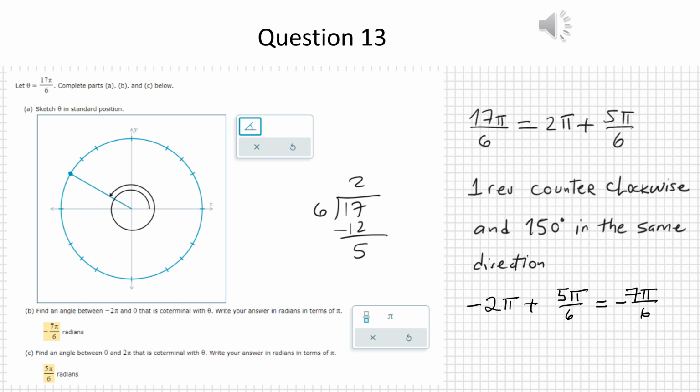Okay, it's easy sketching. Now, the coterminal. The positive coterminal is obviously 5 pi over 6. And the negative coterminal is subtracting 2 pi minus 5 pi over 6, which is 7 pi over 6, of course with the negative sign, because in this case it would be clockwise direction.